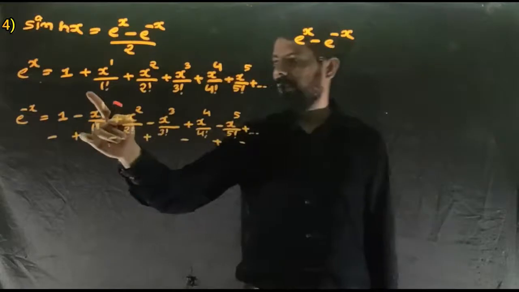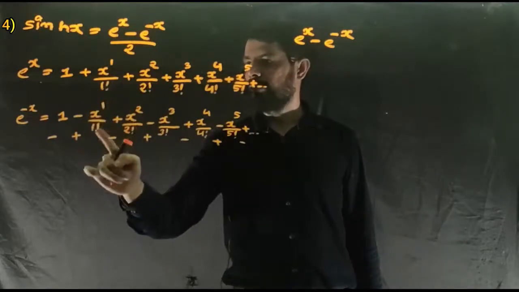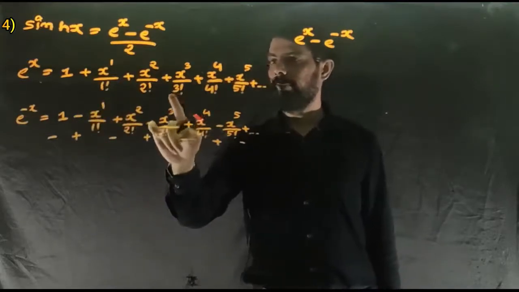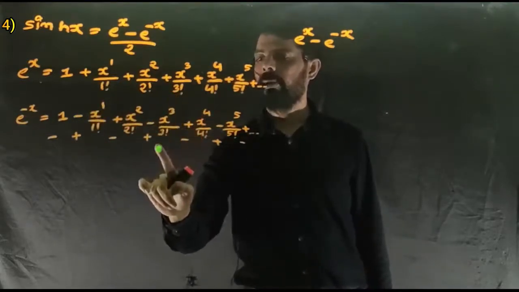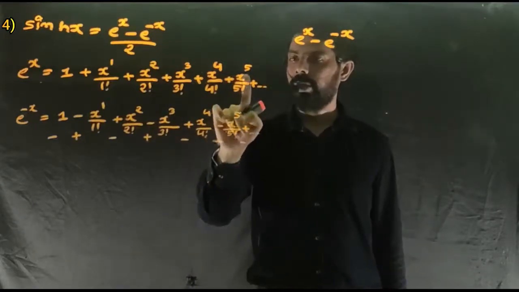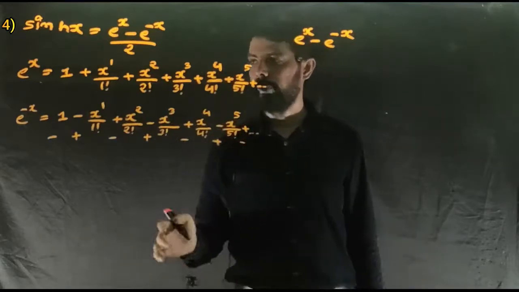Here plus x raised to 1 divided by 1 factorial and plus x raised to 1 by 1 factorial, so it will be doubled. In the same way, plus x cube by 3 factorial plus x cube by 3 factorial will be doubled, and plus x raised to 5 by 5 factorial plus x raised to 5 by 5 factorial will be doubled.